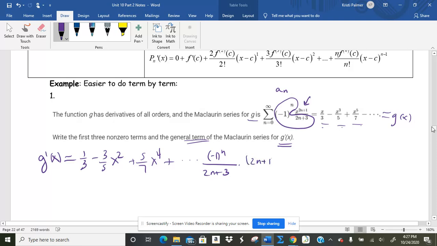So bring this down and subtract 1. So there's the first 3 terms, and then there's the general term. That's what I mean, sometimes it's easier just to see these derivatives. And in fact, if I plugged in 0, 1, 2, 3, I'd be getting out this.